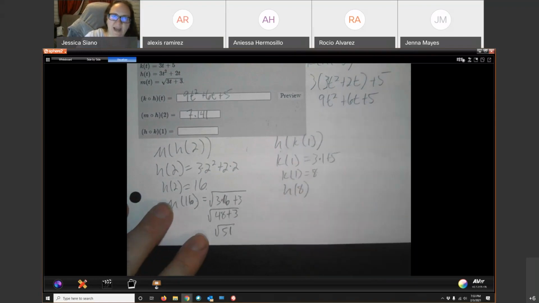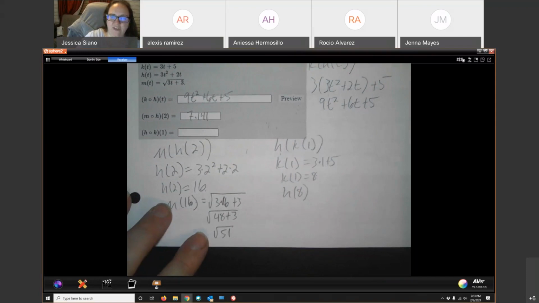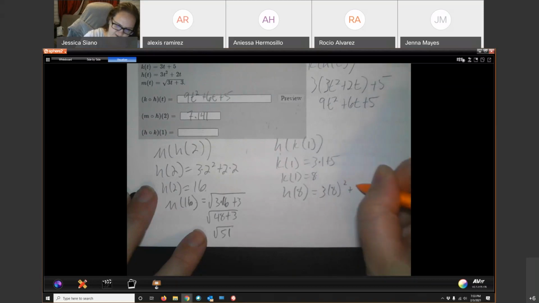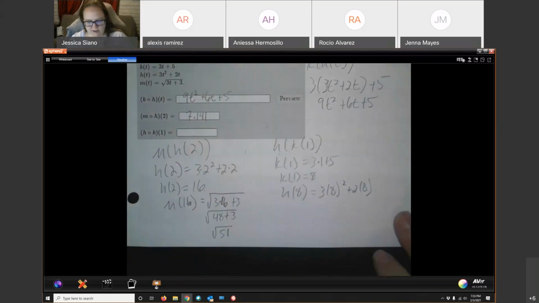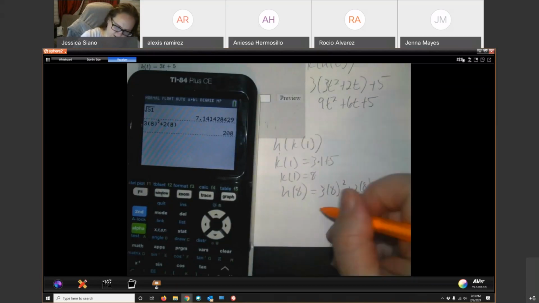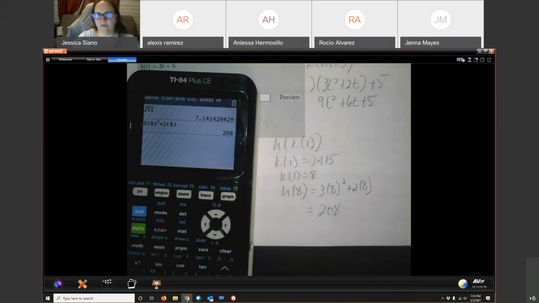Which means that what I'm actually looking for here is h of 8, which would be 3 times 8 squared plus 2 times 8. Which is 208.